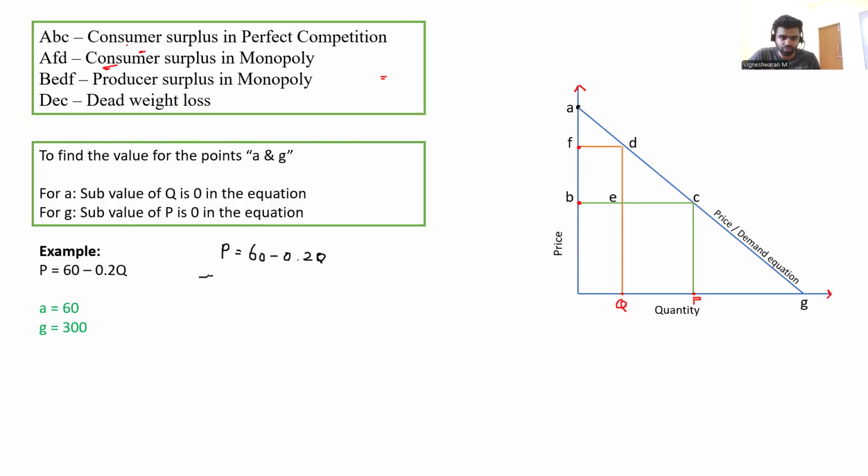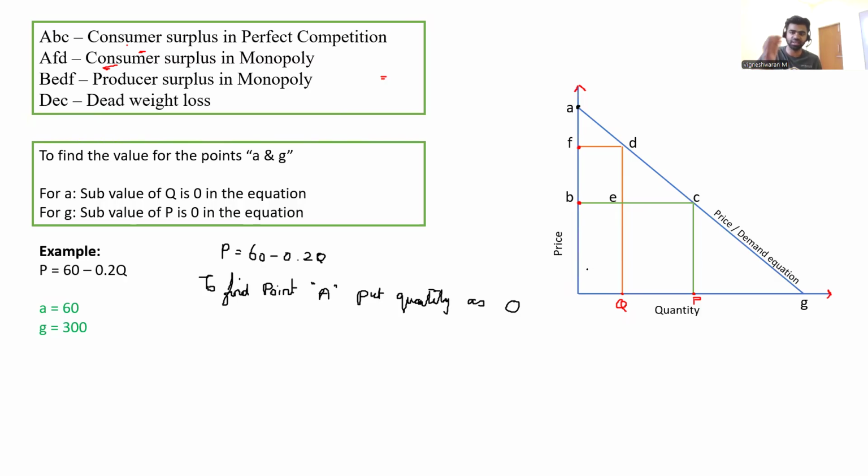To find point A, put quantity as 0 because it is in the y-axis, right? In the y-axis, quantity will be 0. In the x-axis, price will be 0, right?